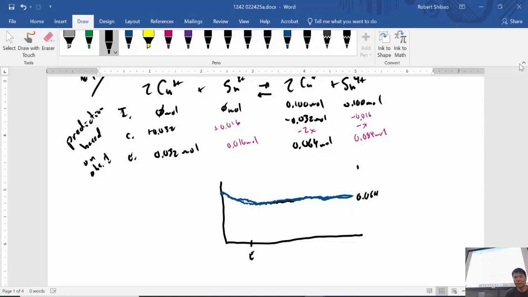So again, this is the moles. And then let's go to tin 4. Tin 4 starts at 0.100. So we'll have the tin 4 here, and the tin 4 started at 100 and ends at 84. So we didn't lose much. How much did we lose?